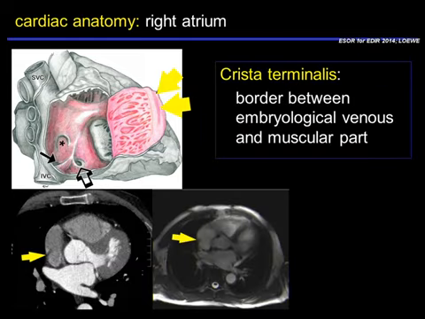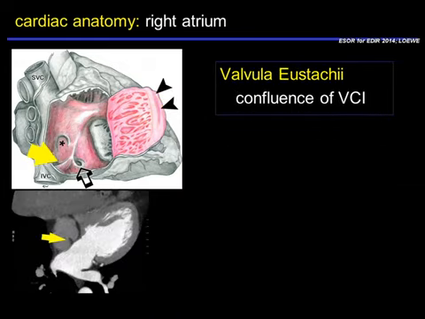So first we have the crista terminalis at the border between the embryological venous and muscular part of the right atrial wall. This can really be a thick fold there, and this can look like a tumor, especially at echo in this typical localization. The valvula Eustachii is found at the confluence of the inferior vena cava, and this can be a very prominent structure as well.